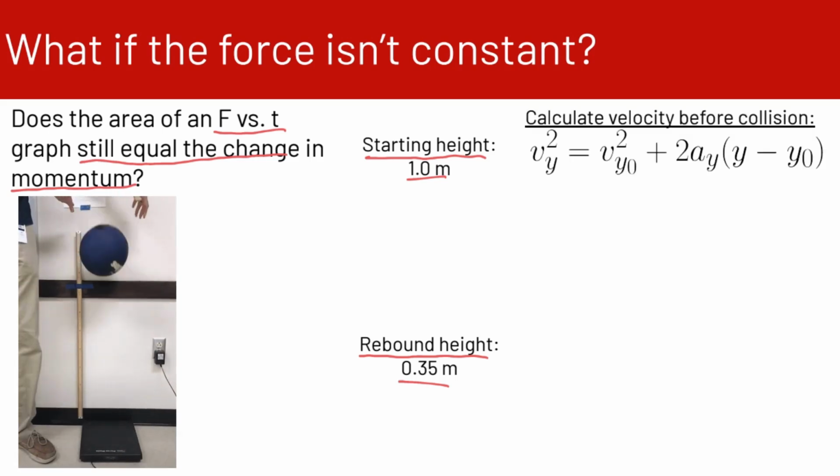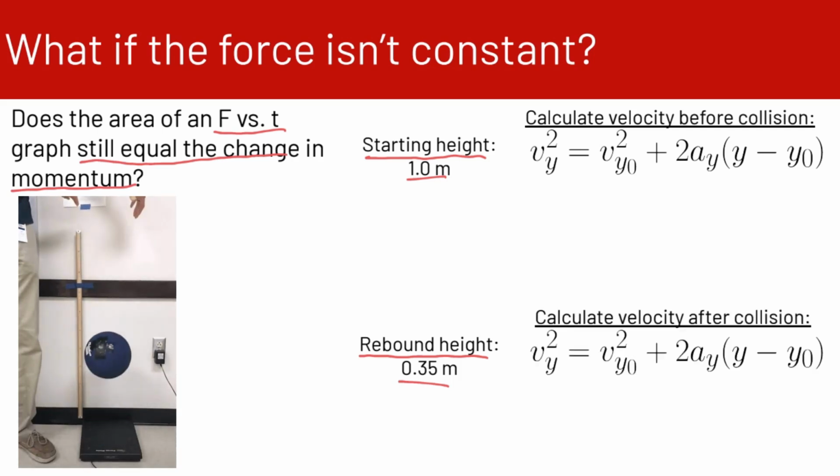So we want to calculate the velocity before the collision, and then the velocity after the collision. Since the ball starts at rest, our initial velocity in the y direction is 0. We know the acceleration in the y-axis is just g.